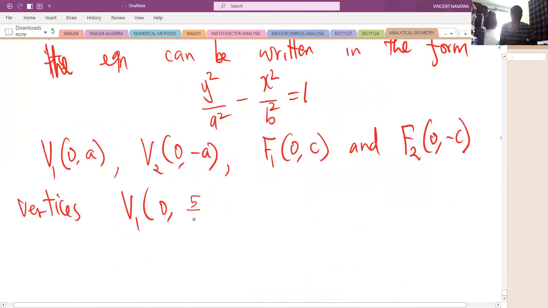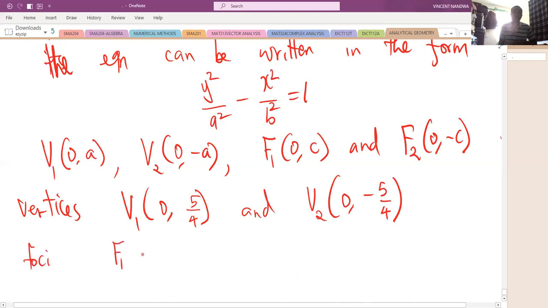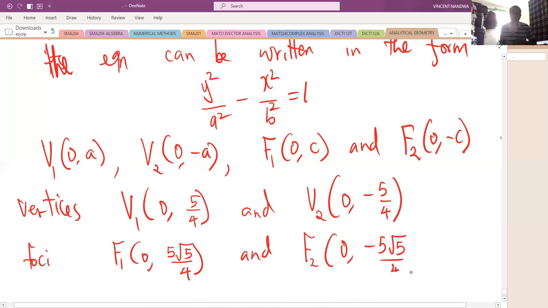So 0, 5 over 4. And v2, 0, minus 5 over 4. And then foci, f1 is 0, c, which is 5 root 5 over 4. And we have f2 is 0, minus 5 root 5 over 4.